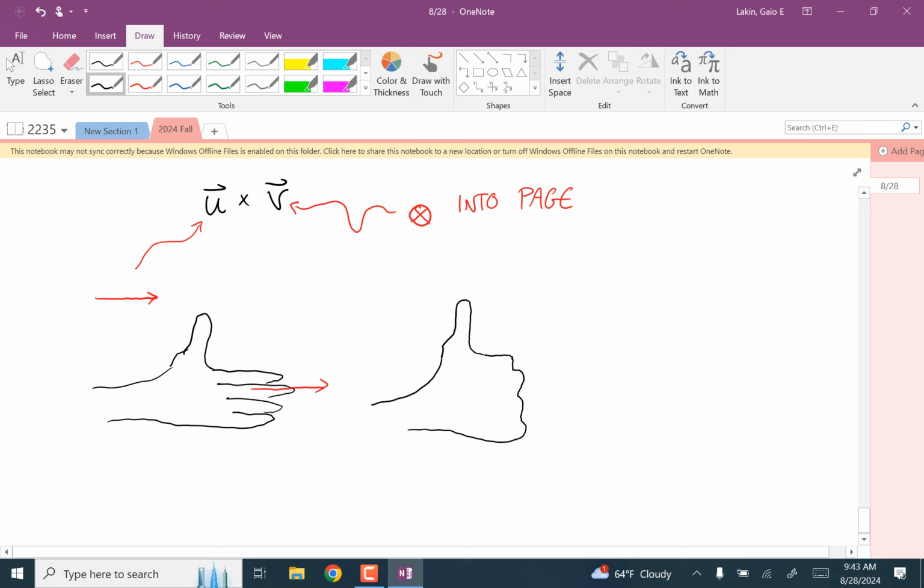What happened to the thumb? Okay. Are you with me on that? Do you see what I'm trying to get at there? And if you position your hand in the way where you can go from U to V by curling your fingers like that, your thumb is in the direction of the result vector, the output vector.